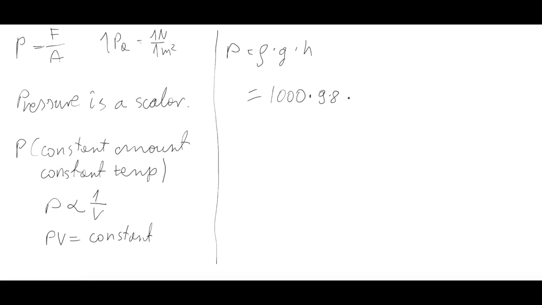9.8, and we're looking for height. And also pressure in this case is 7154 times 10 to the 7. I'll just rewrite it again. Bear with me for a second.